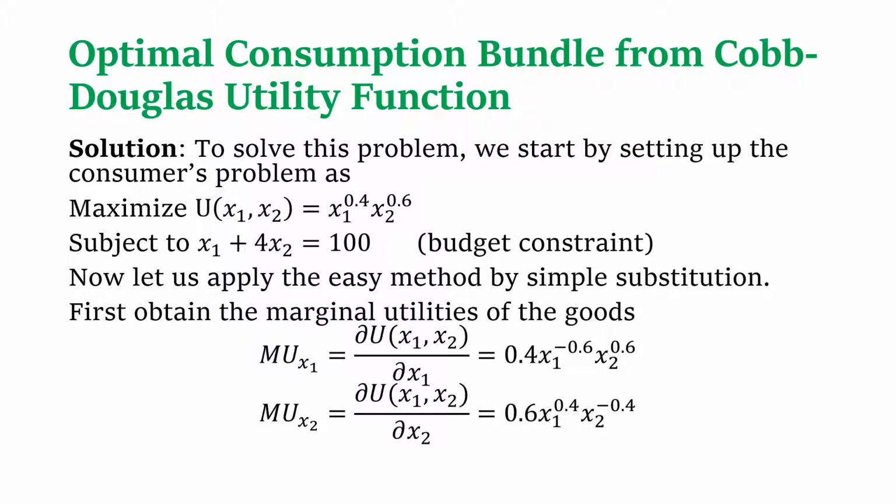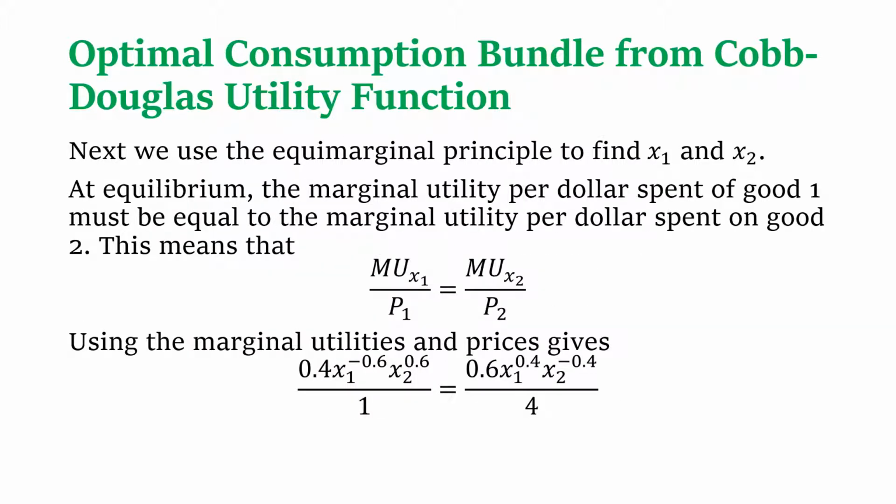So now we have the marginal utilities. We know the price of good 1, which is what? $1. We know the price of good 2, which is what? $4, right? So it is easy to find. Now let us use the equimarginal principle here. So what is that equimarginal principle? The marginal utility per dollar spent on good 1 equals the marginal utility per dollar spent on good 2.